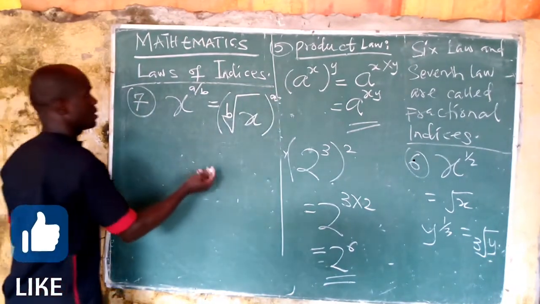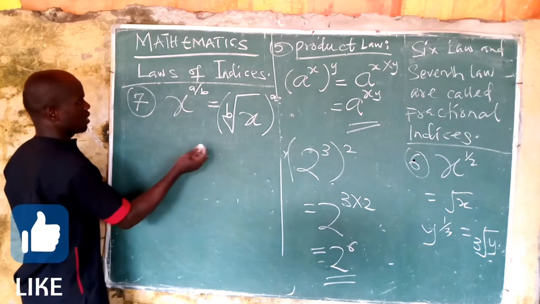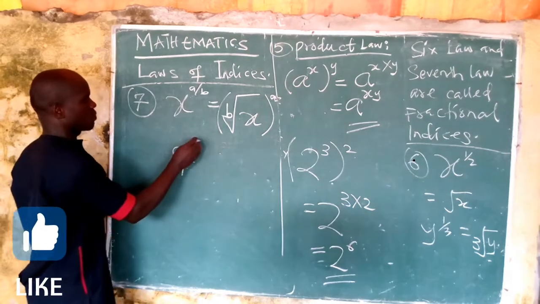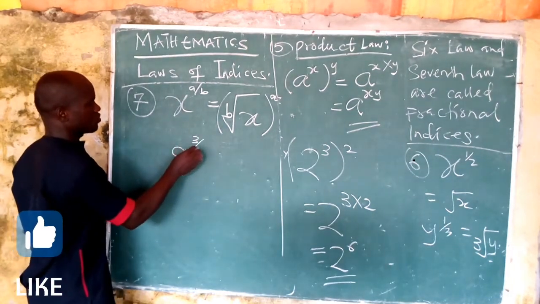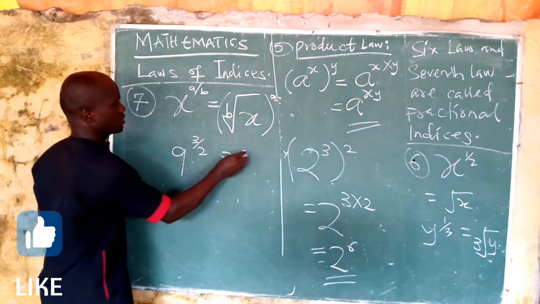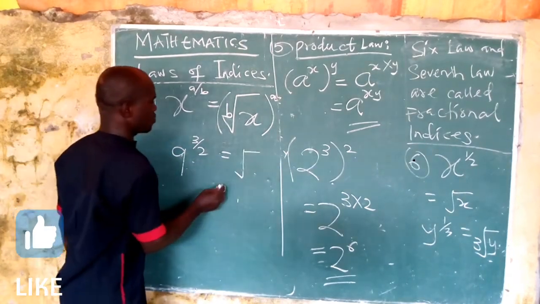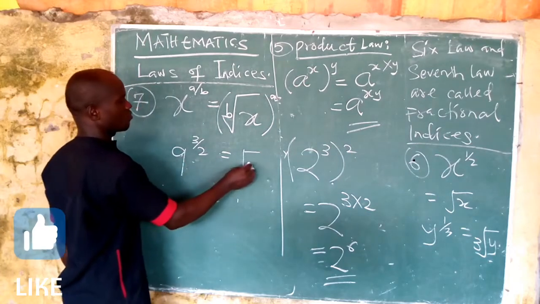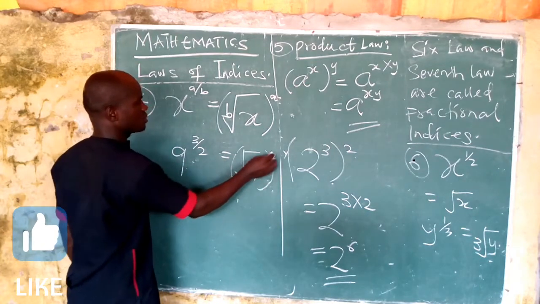That means if I have something like 9 raised to power 3 over 2, this simply means the square root of 9, all raised to power 3.